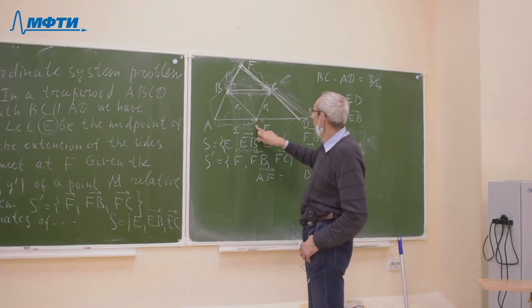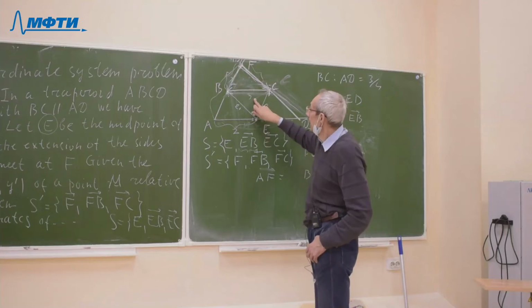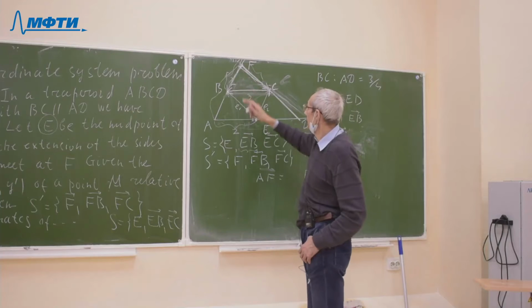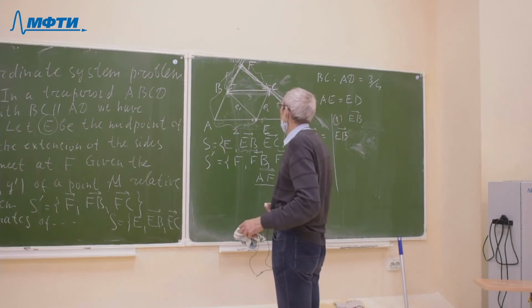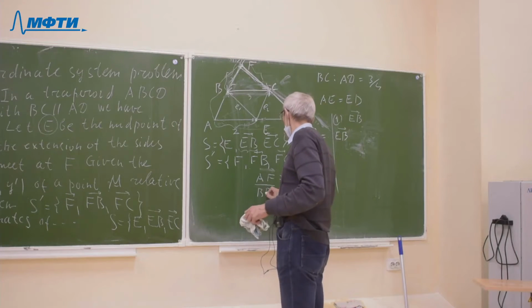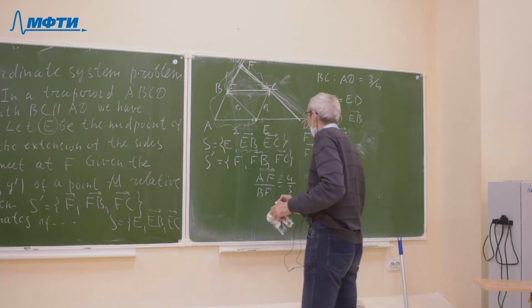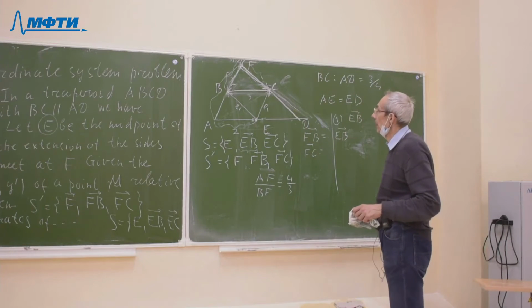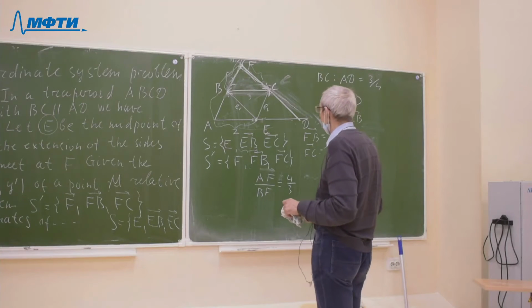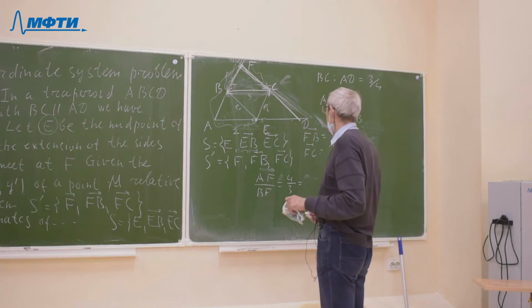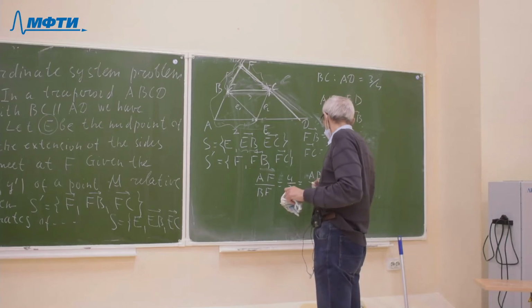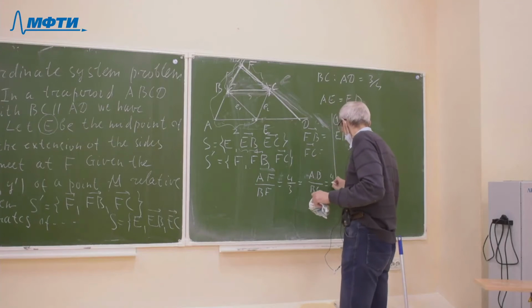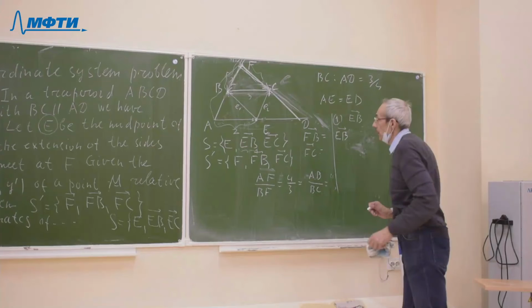And this ratio is equal to 4 to 3. And because this ratio AF to BF is equal to 4 to 3, the ratio AD to BC is also 4 to 3.